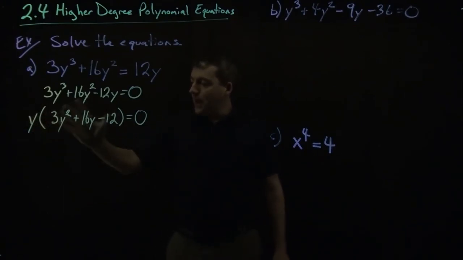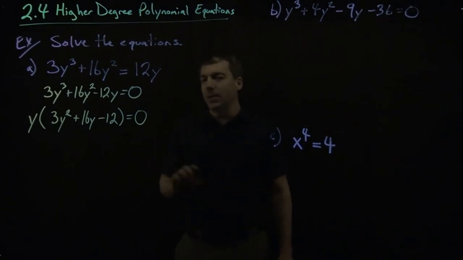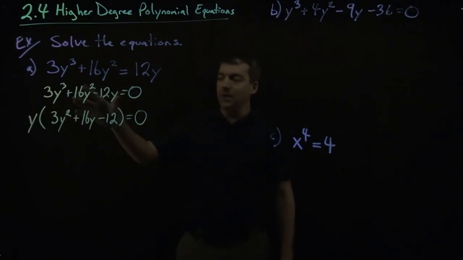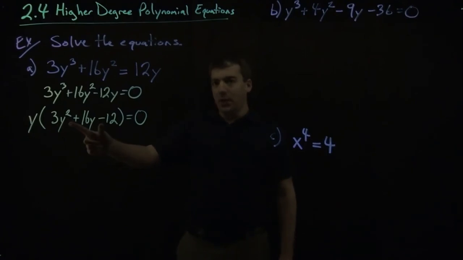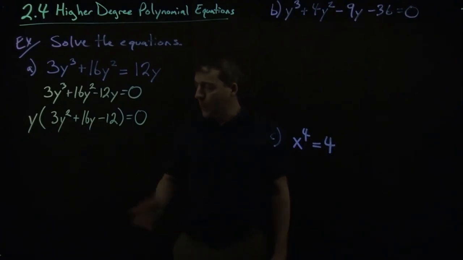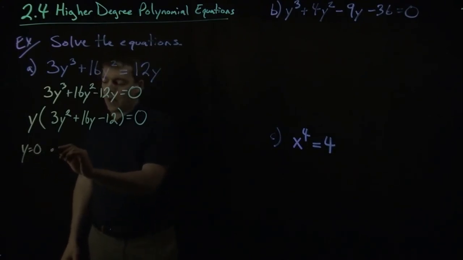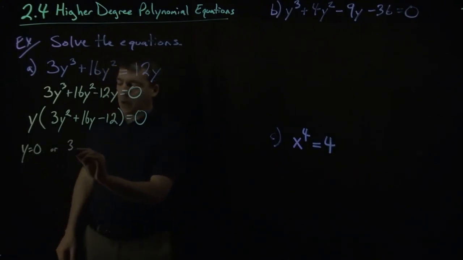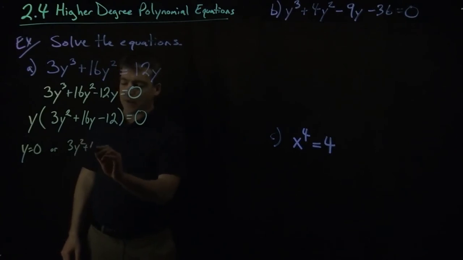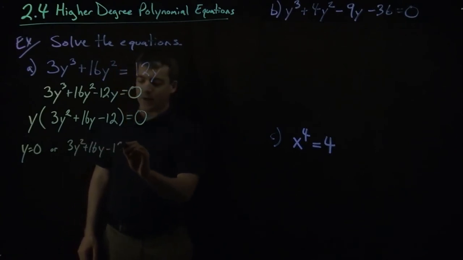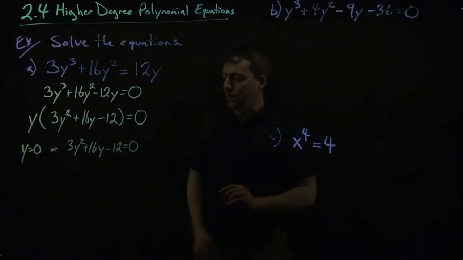We have y times this polynomial equal to 0. That means y equals 0 solves this equation, or any solutions to this will also solve the equation. So we'll start with y equals 0, or 3y squared plus 16y minus 12 equals 0.